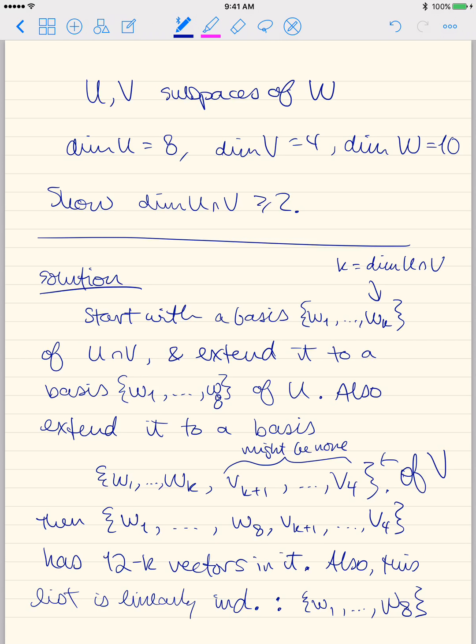Yeah, that's right. So the point is that W1 through W8, all those vectors are in U. So if v_{k+1} were in the span of those first 8 vectors, it would be in U. And we already know it's in V because it's one of the basis vectors of V. So if it's in U and V, then it's in the intersection of the two. And that would mean that it's in the span of the first k ones, W1 up to Wk.